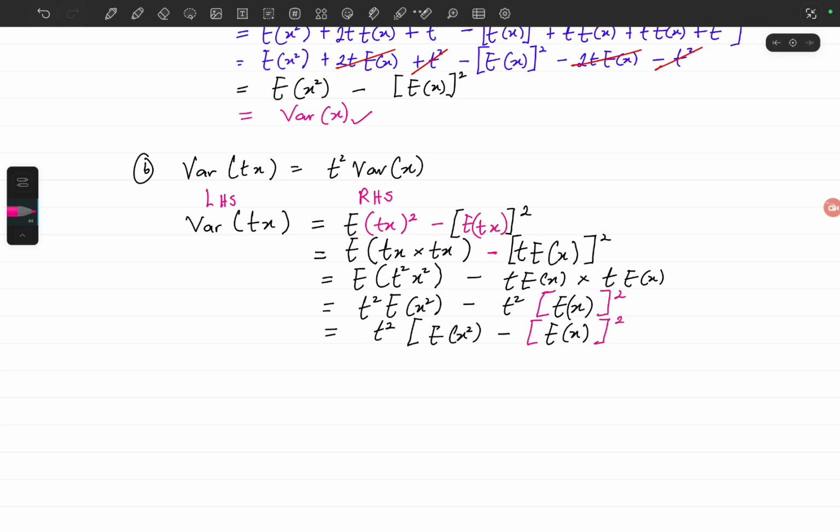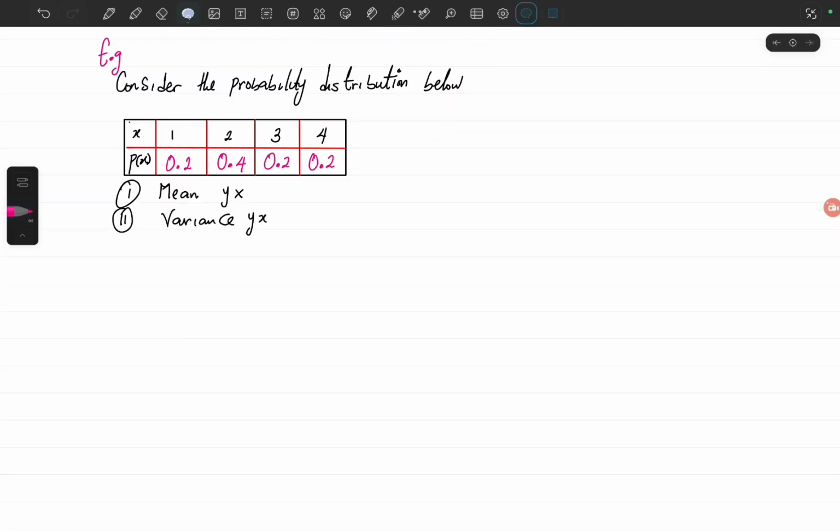So if you simplify this, you will notice that what we have here is the variance, and that will produce t square times the variance of x. So that's proved. So we did that, and we were able to get what we want. So there you go with the second part of the question.